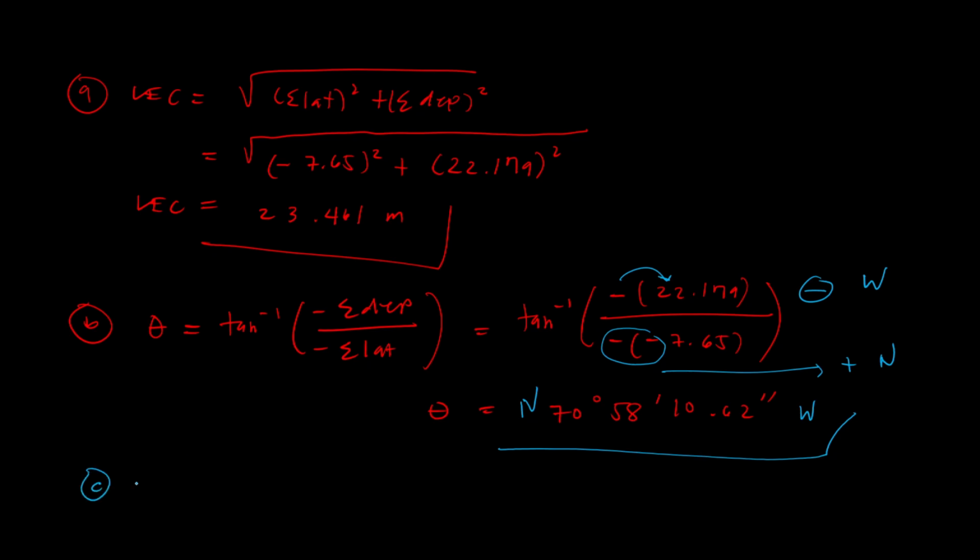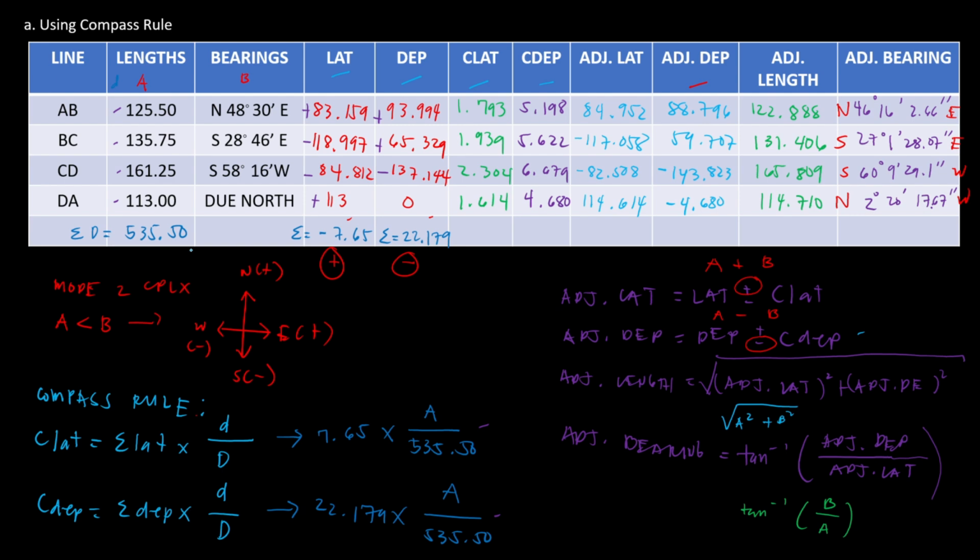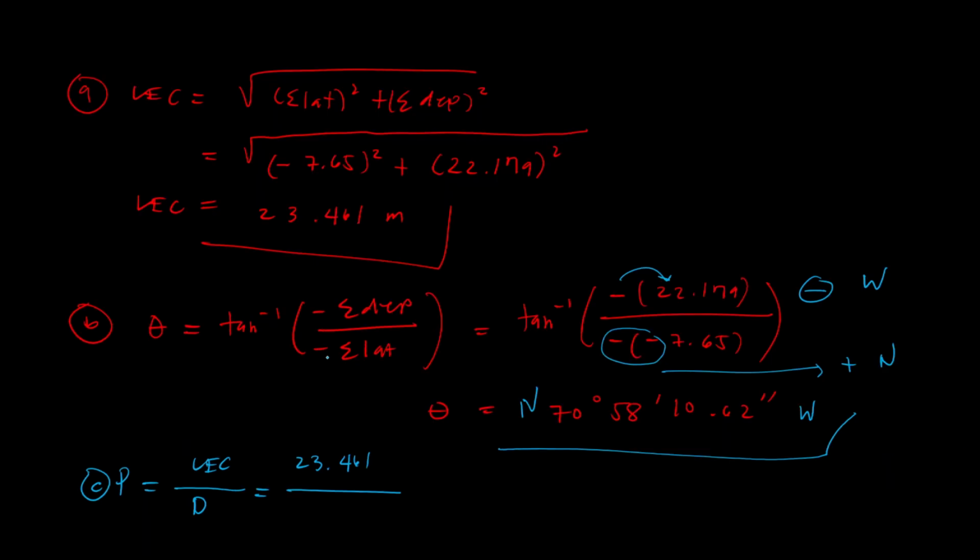So, for letter C, precision. Yung precision natin is error divided by yung D. So, ito is 23.461. And then, ano yung D natin? Ito, 535.50 meter. Ay, 35 pala. 35.50 meter. So, cancel na yan. So, 1 divided by, ang gawin nyo, reciprocal ito.